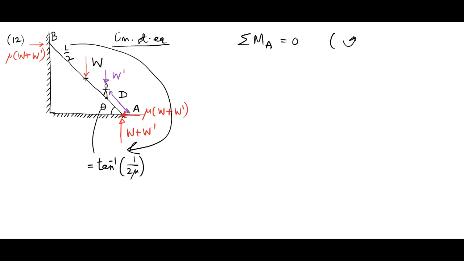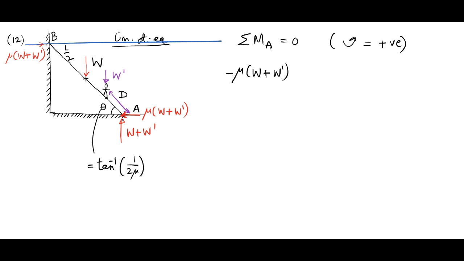Let me assume, as usual, although it's not compulsory, that anti-clockwise is positive, and therefore this moment is going to be negative, and so it's going to be minus of, I write the force mu times W plus W dash, that's the magnitude of the force, and then I want to multiply by the distance between this line of action and point A, so obviously this distance, which is the same as this distance.